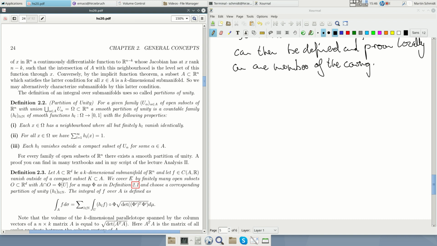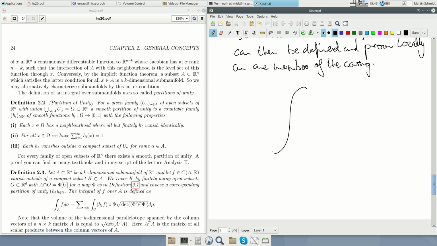Now we cover K by finitely many open subsets O. These are not the same as in the definition before, but these maps phi are the same.